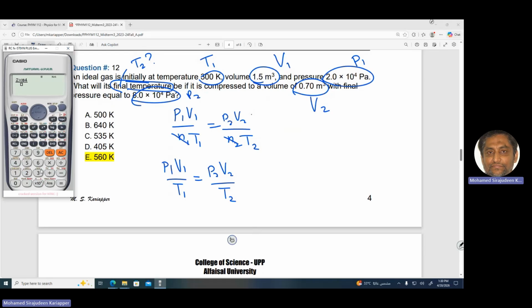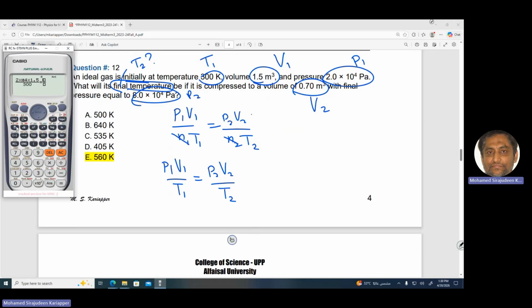You know how to use that on your calculator, right? 10 to the power is here. Multiply V1, 1.5. Everything in SI unit, so we make it easy for us. Come down. Temperature is also SI unit, 300. And you bring it up, put the equal sign, then fraction again, P2.